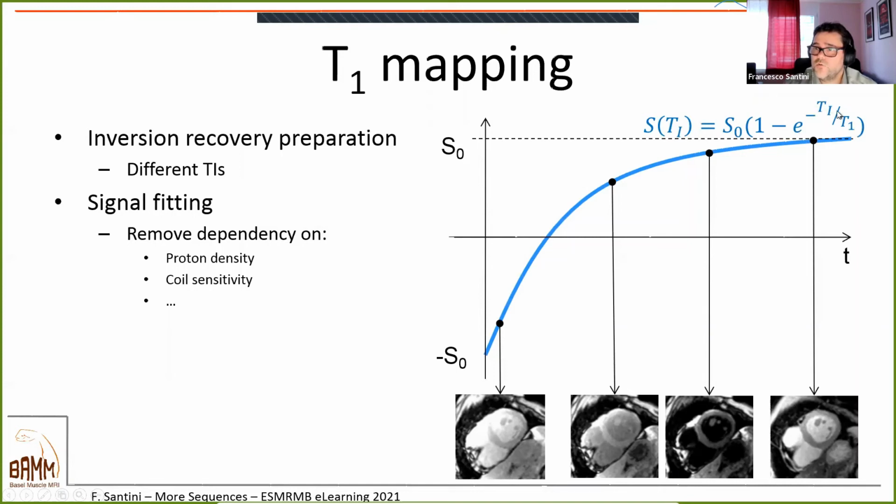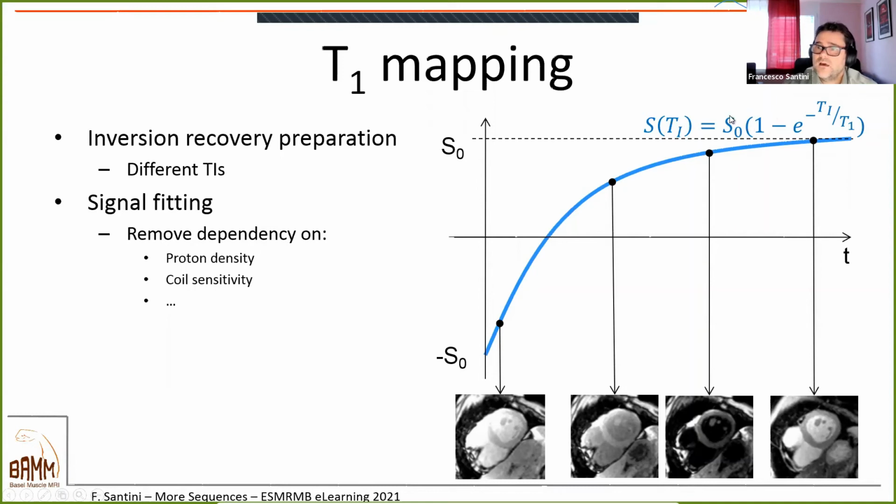So we already know that the signal recovers with T1 and with TI in this case. In this factor here, S0 will be everything else: the proton density, the coil sensitivity, the T2 weighting that each one of these images has.